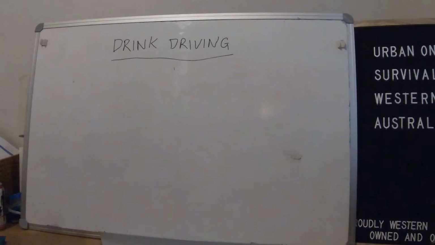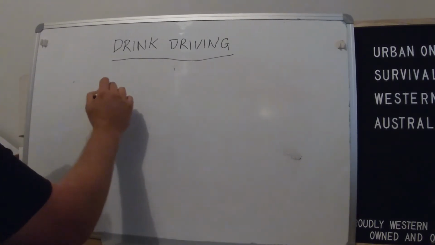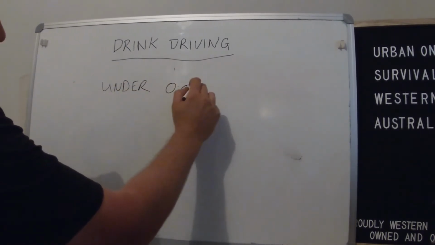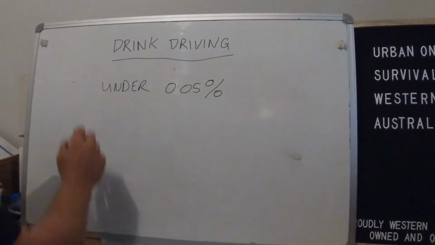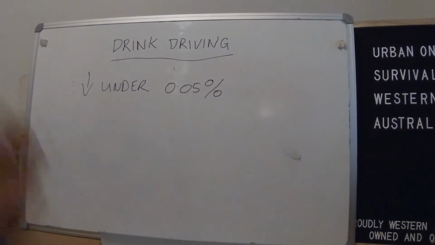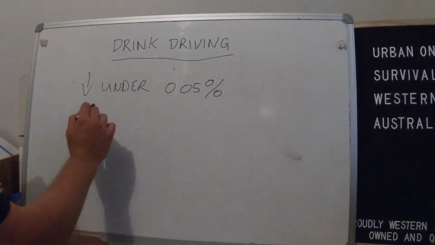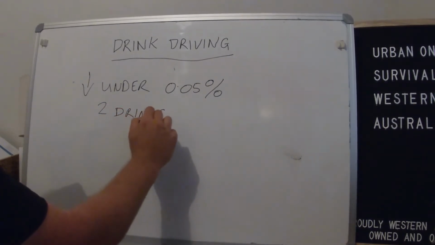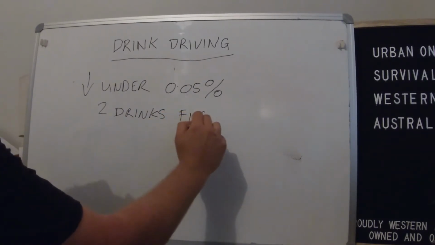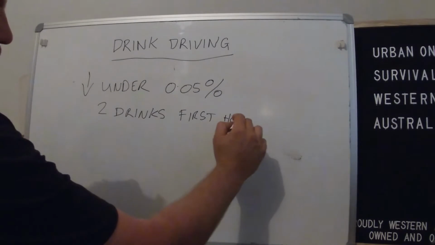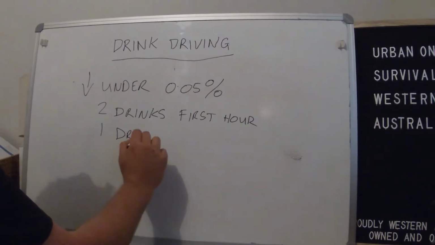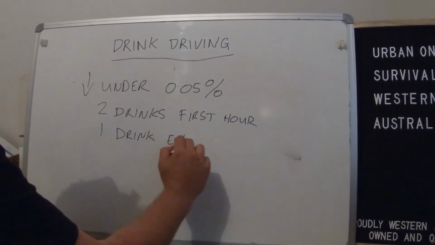Western Australian guidelines say to stay under 0.05% alcohol, it is recommended that if you are male, 2 drinks for the first hour, and then 1 drink every hour after that.